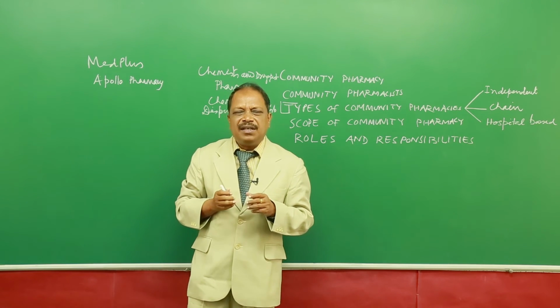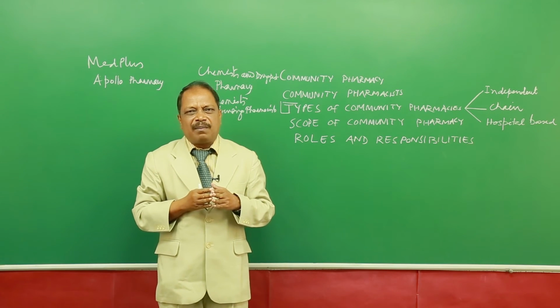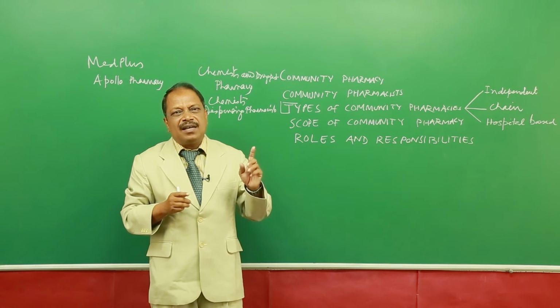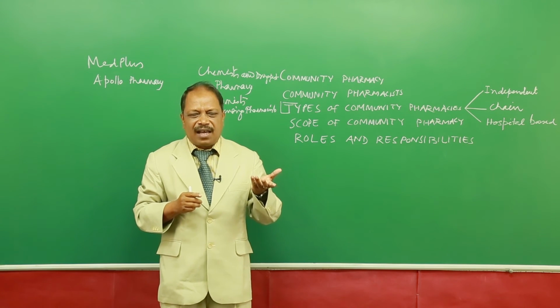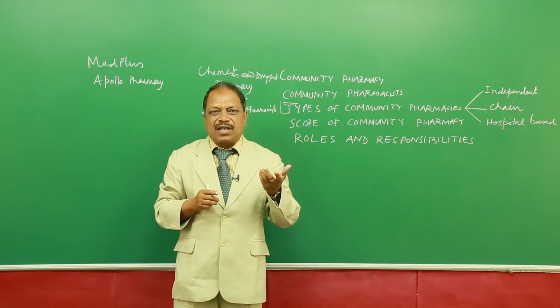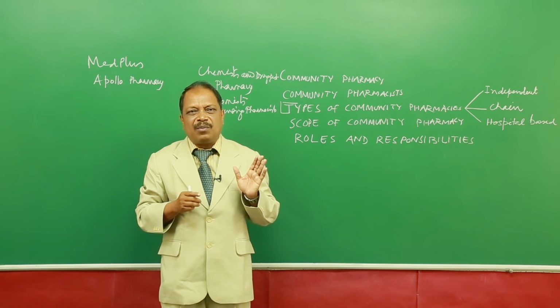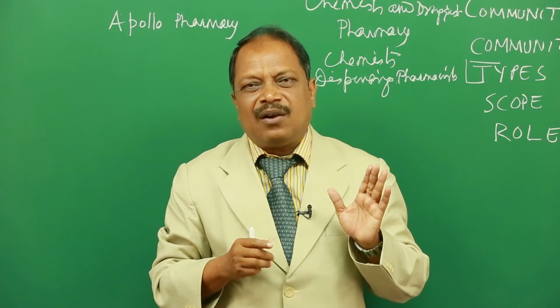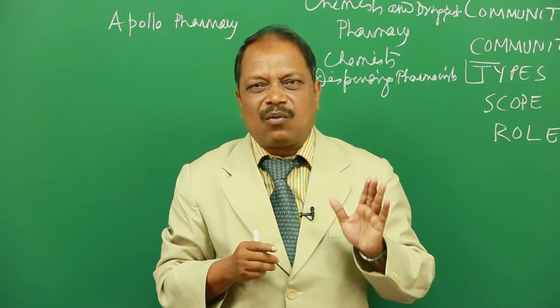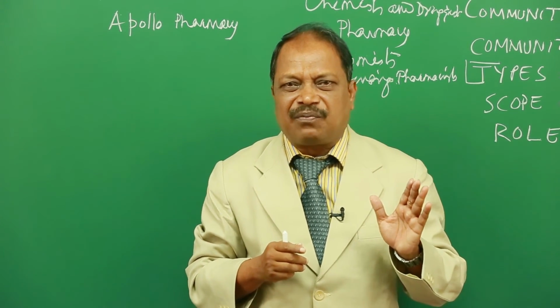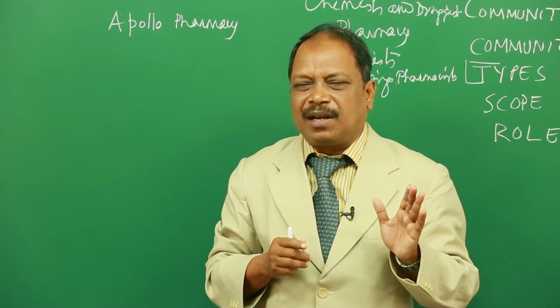In the hospital-based community pharmacy, either the hospital itself or some society they form operates the community pharmacy in the hospital. And why does this society operate, or why does the hospital permit a community pharmacy in the hospital premises?